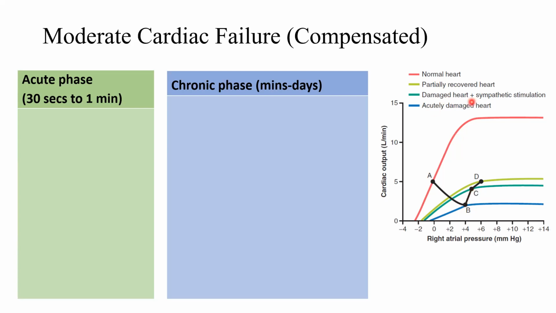This is where the damaged heart was improved or helped by the sympathetic stimulation. Okay, so things improved, cardiac output improved, and right atrial pressure not so much, because definitely the heart is in the failure stage.